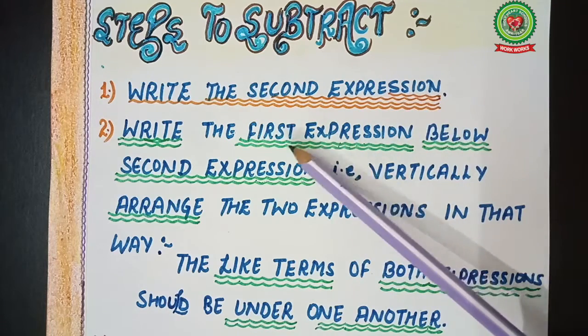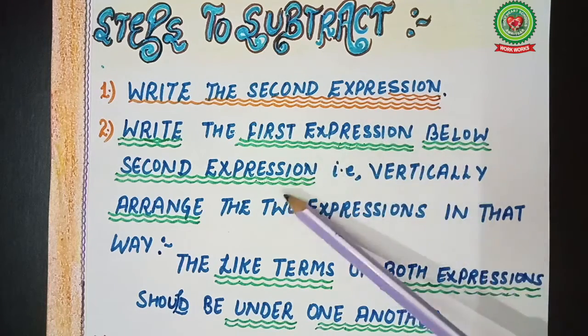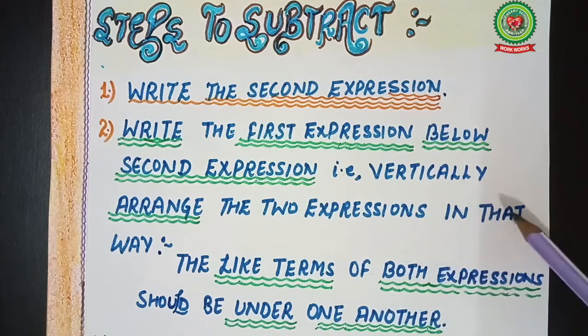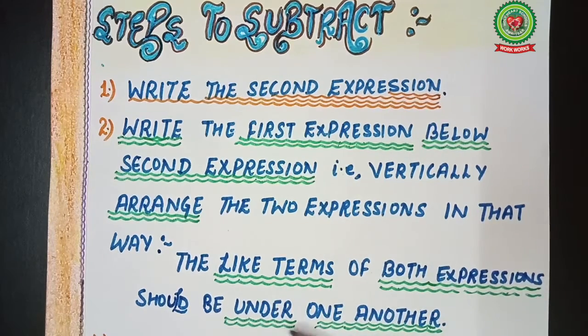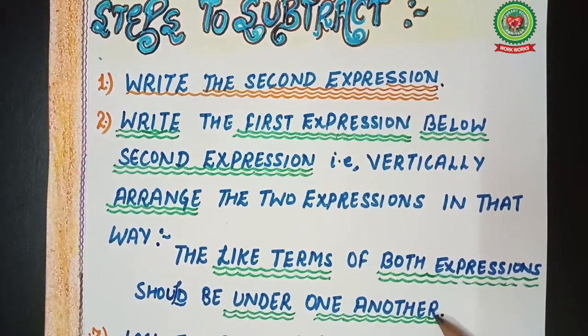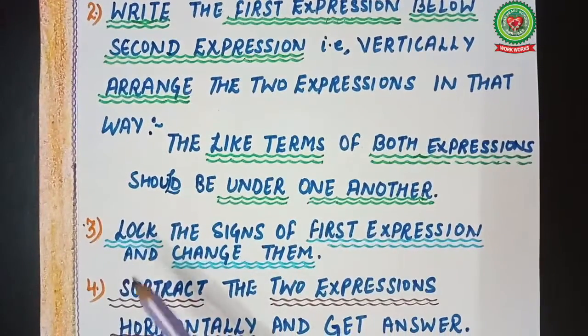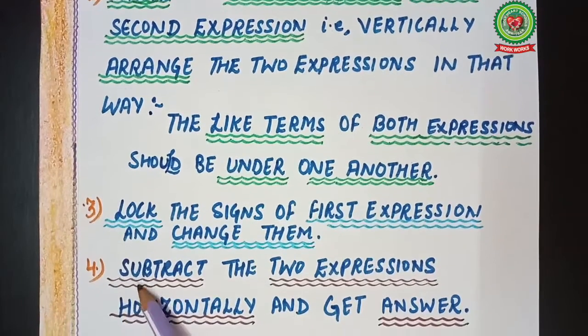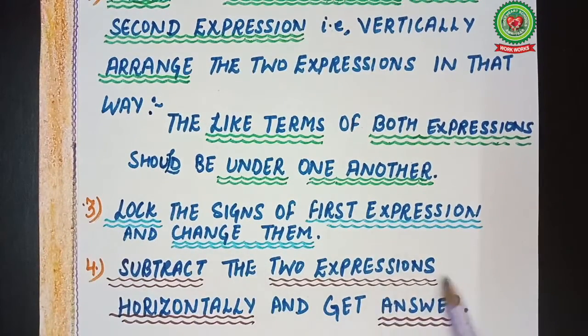Number 2, write the first expression below the second expression, that is, vertically arrange the two expressions, so that the like terms of both expressions are under one another. The third step is to change the signs of the first expression. And the fourth one is to subtract the two expressions horizontally and get the answer.